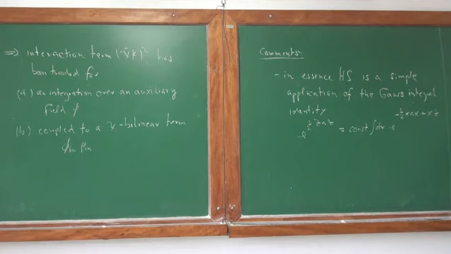But then, as I already said, there's a lot of freedom in how you actually do this Hubbard-Stratonovich transformation. I'll just write down some example. There's freedom in how exactly you do the decoupling.